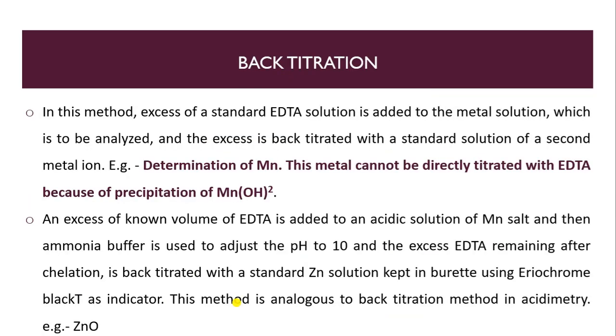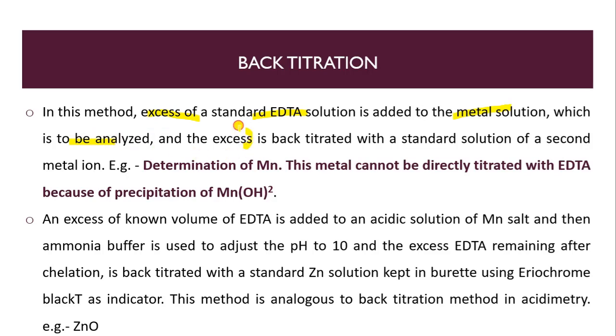Now we will see the back titration. As we know what back titration is, in this method, an excess of standard EDTA solution is added to the metal solution which is to be analyzed.